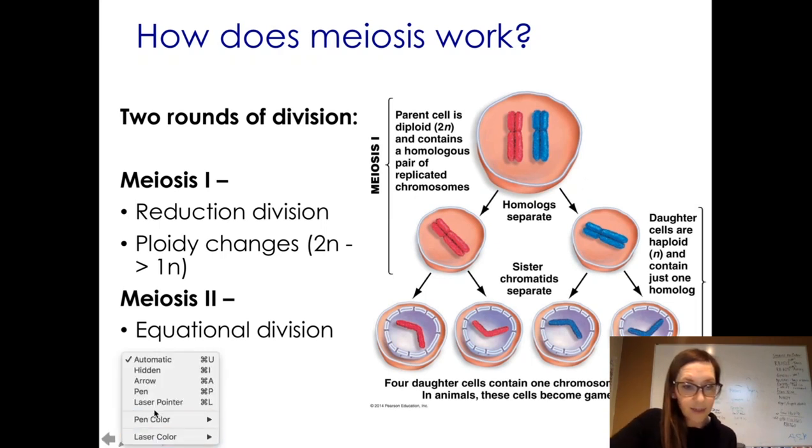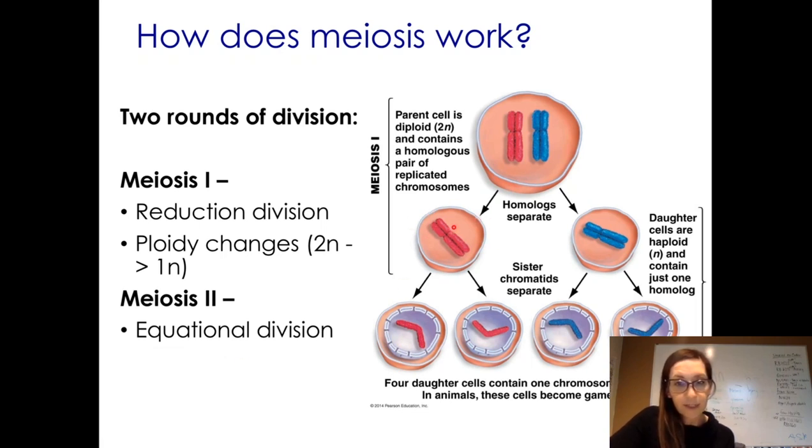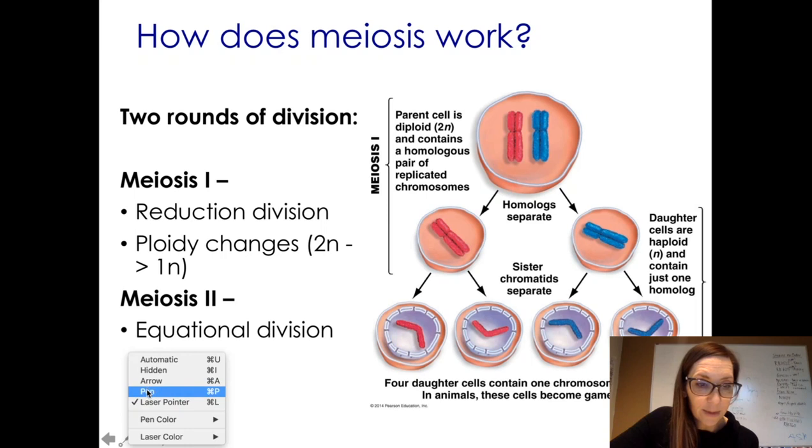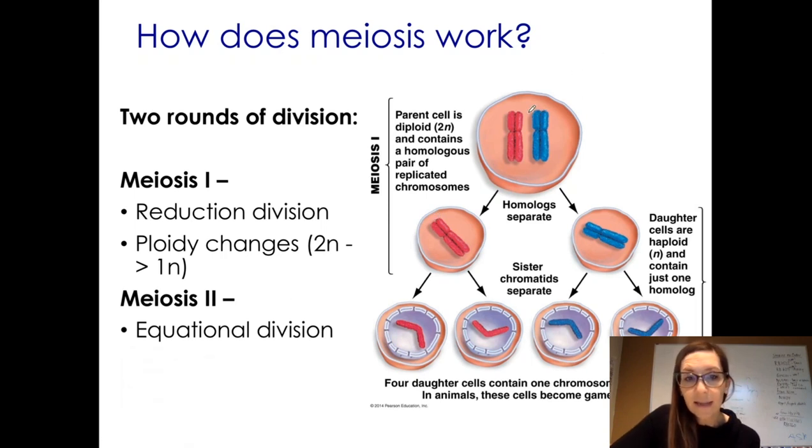So just to demonstrate this here, in the beginning we had 2 chromosomes in the cell, and by the end of meiosis 1, there's only 1 chromosome. Let me take the pen here. At the beginning of meiosis 1, we have 2 chromosomes. Okay, I can hardly write this. 2 chromosomes.